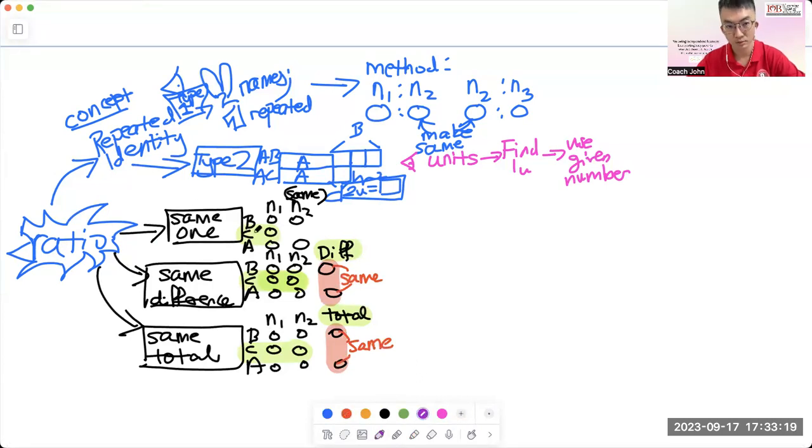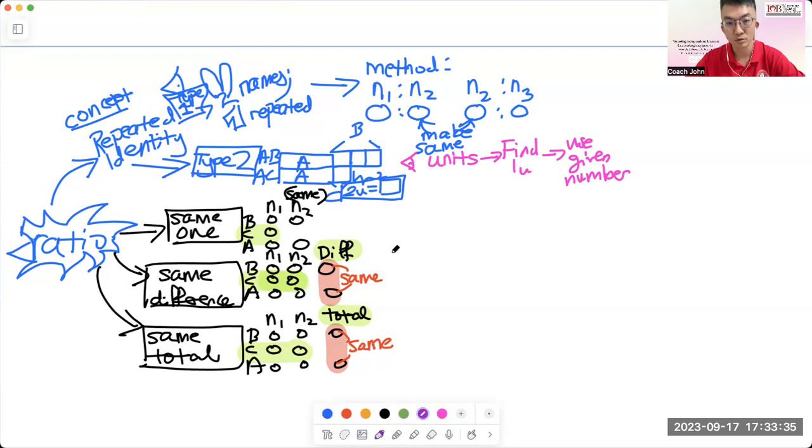Okay, so again, let's go back to the three musketeers or three siblings. For same one, I think that's about it. There's only one variation, and normally they will test you with ratio. For same difference, it depends.